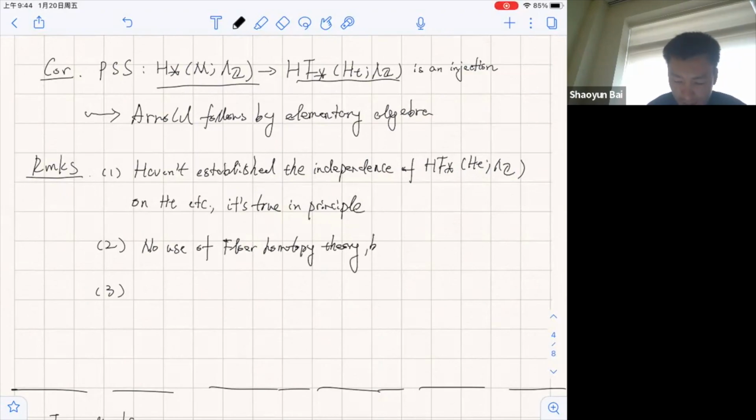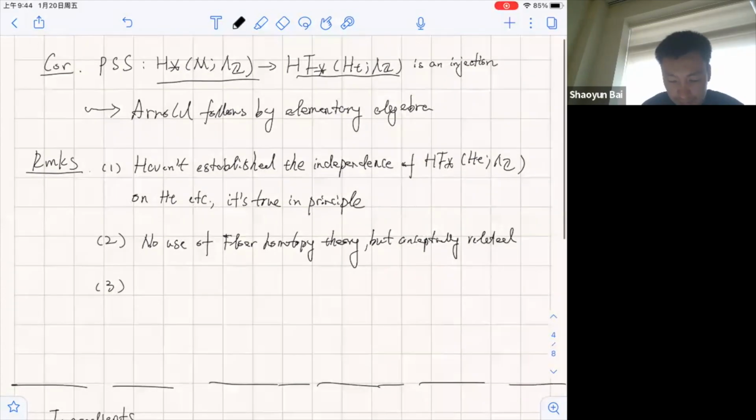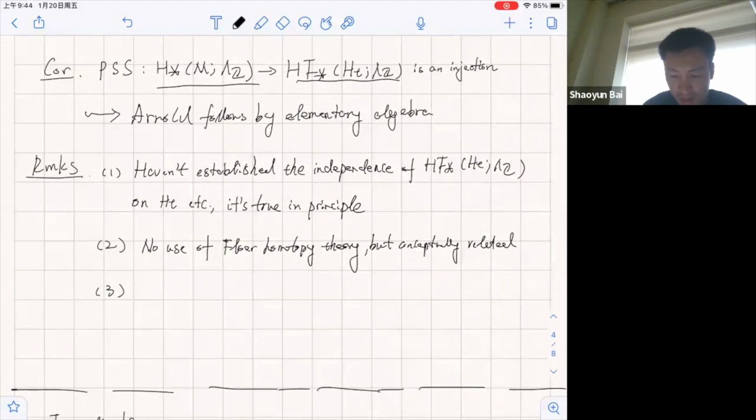But I would say our approach is conceptually related to the approach based on Floer homotopy theory. Perhaps I will elaborate on this point later when I talk about the technical ingredients.